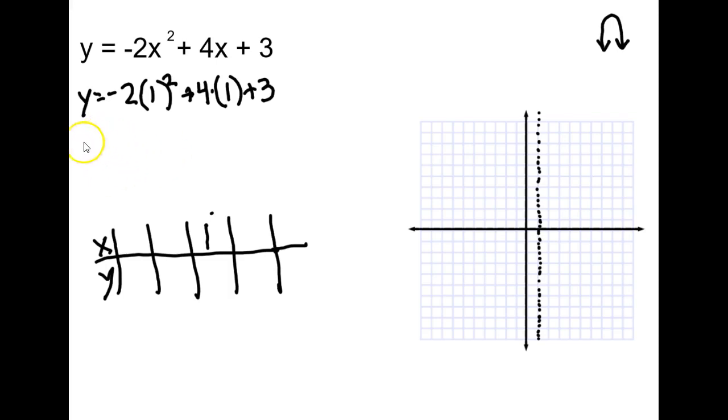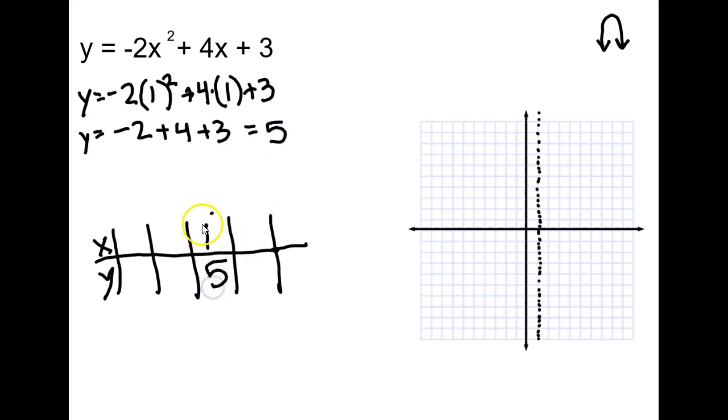So then we'll simplify. When x is 1, we get 1 squared, which is 1, times negative 2 is negative 2, plus 4 times 1 is 4, plus 3. So we get negative 2 plus 4 plus 3. Negative 2 plus 4 is positive 2, plus 3 gives us 5.